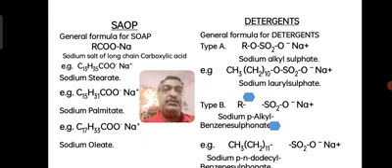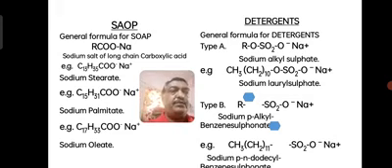That means, with a simple definition you can remember that R is a long chain fatty acid chain containing COO and ending with Na. So that is the sodium or potassium salt of long chain fatty acids, which are soaps.